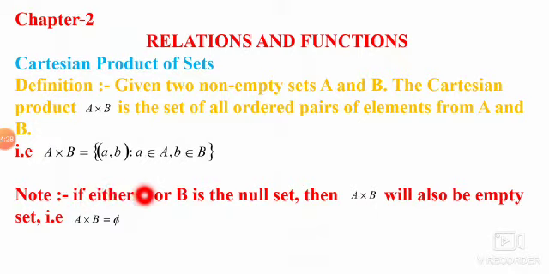If either A or B is a null set, if one of the two sets is an empty set, then the Cartesian product between A and B is always an empty set. Thus A cross B is equal to the empty set.